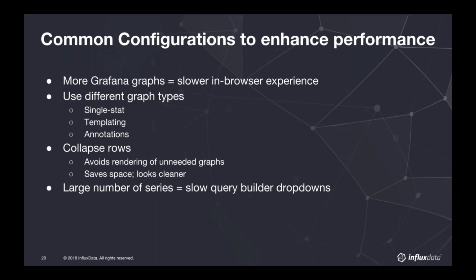So if you do have to run a lot of graphs and the legend items aren't that important, we recommend not showing them. You can still hover over the graph and see the value of your selector, but at least they won't be rendered constantly.